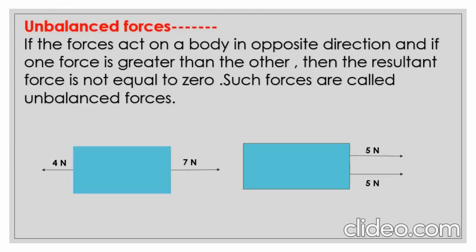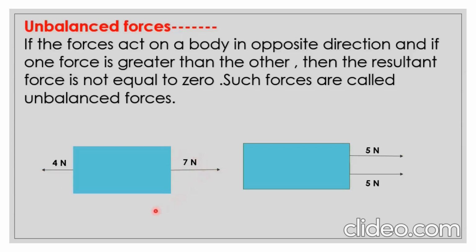Unbalanced forces. If the forces act on a body in opposite direction and if one force is greater than the other, then the resultant force is not equal to zero. Such forces are called unbalanced forces. Now if you observe here, 4 Newton force is applied in this direction and 7 Newton force is applied in this direction.